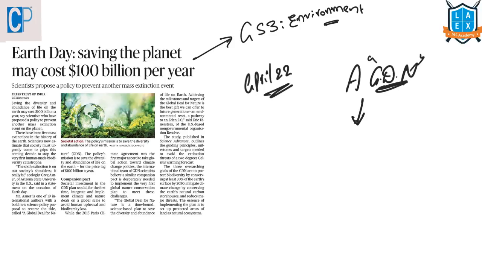So now, from the prelims point of view, let us see about this Earth Day. What is this Earth Day? This is an annual event that is organized to show support for environmental protection across the world on April 22nd every year.